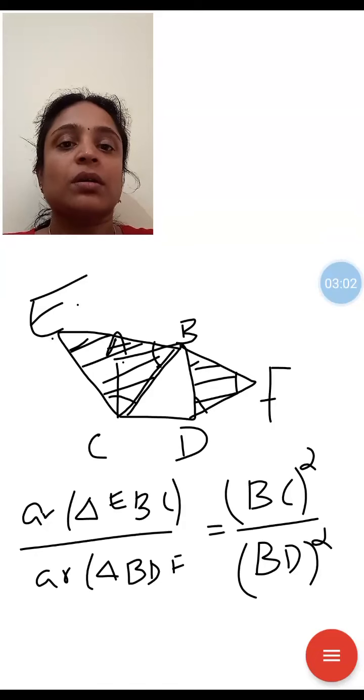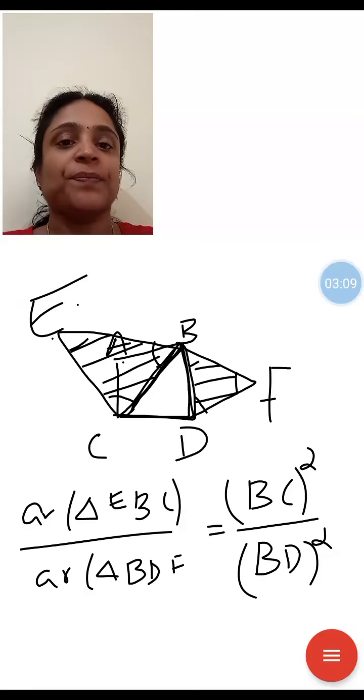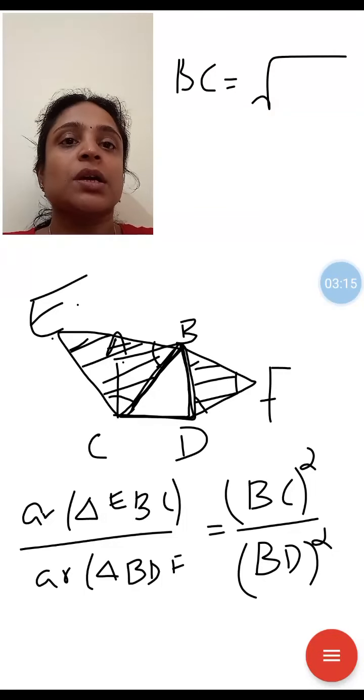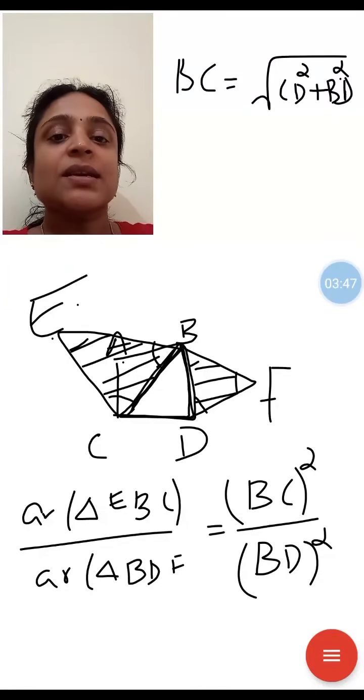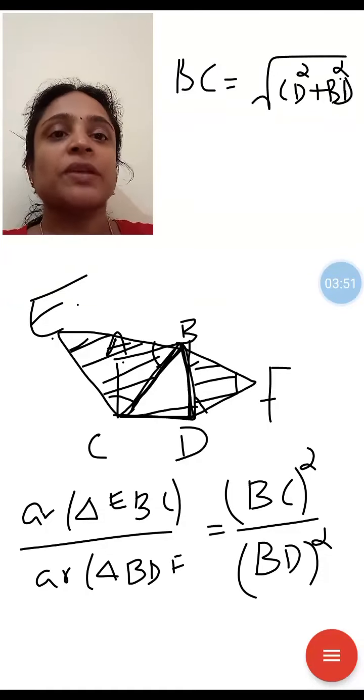Now, what is BC in this triangle BCD? What is BC? BC equal to root of CD square plus BD square, and CD and BD are equal. They are sides of a square.